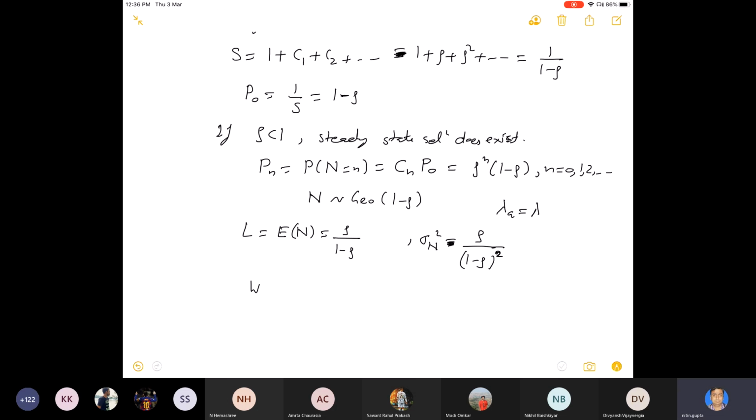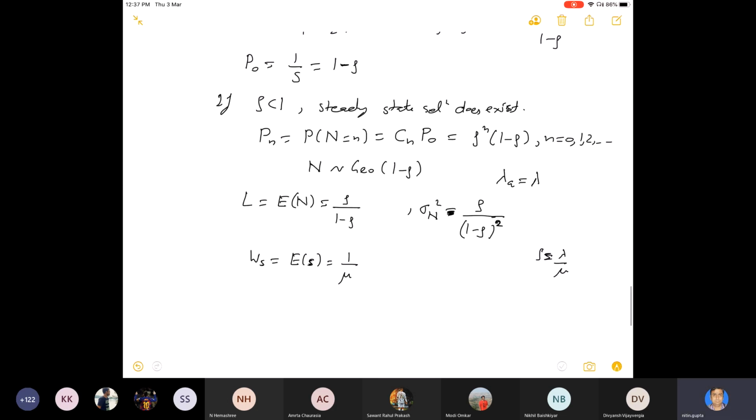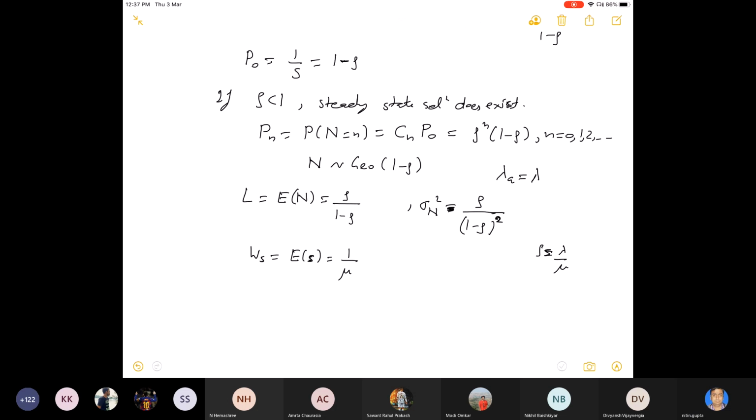So WS is the expected value of S. The service time distribution, we know, is exponential with parameter mu. That means the mean is 1 by mu. And also we know that rho is equal to lambda by mu, so this can be written as rho by lambda also.